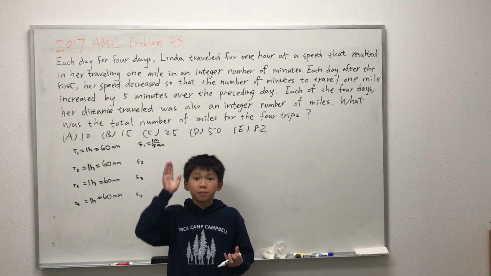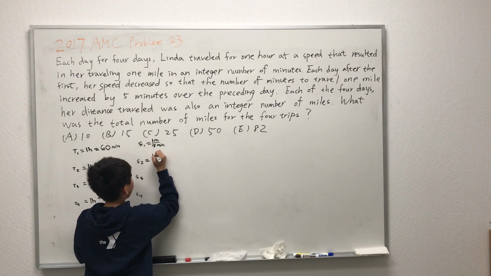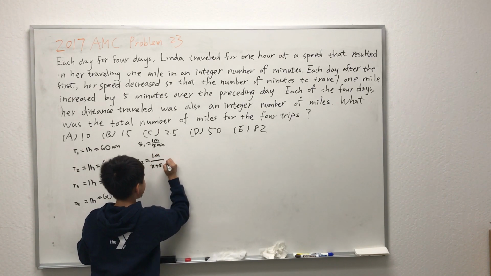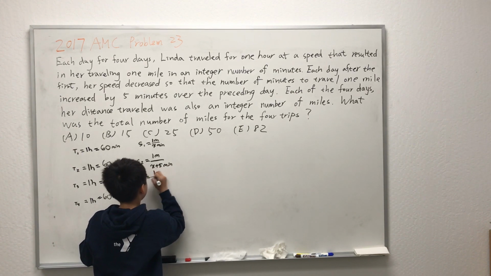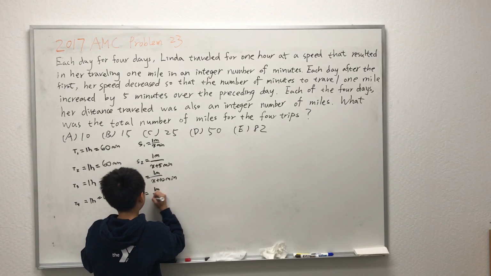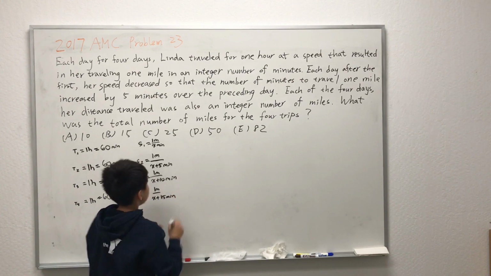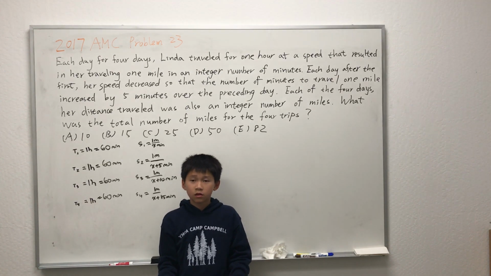Therefore, S2 is equal to 1 mile over X plus 5 minutes. The same thing applies to S3, 1 mile over X plus 10 minutes, and S4, 1 mile over X plus 15 minutes. Okay, so now we have plotted out all the information the problem gives us.